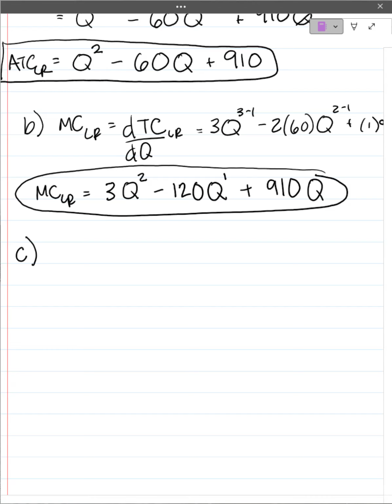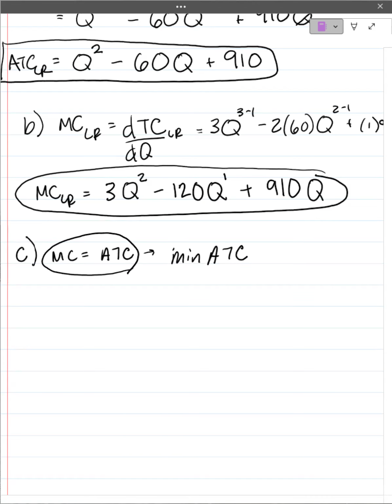And it's that where marginal cost equals average total cost, that is the minimum point for our average total cost curve, right? So all we have to do to solve for the range of production over which Frye Supply has economies of scale is to find the output that causes marginal cost to equal average total cost.